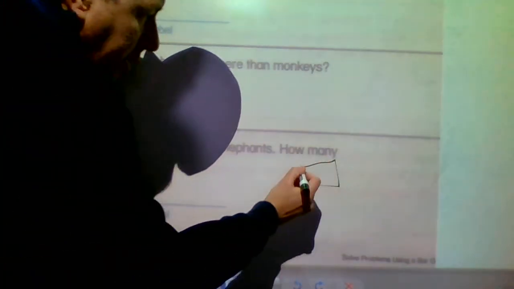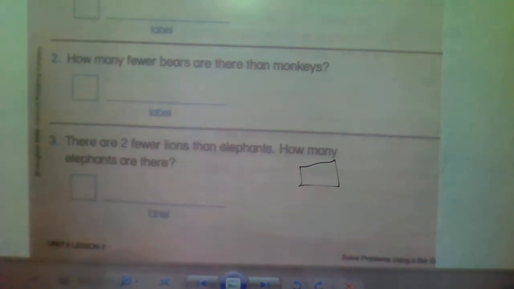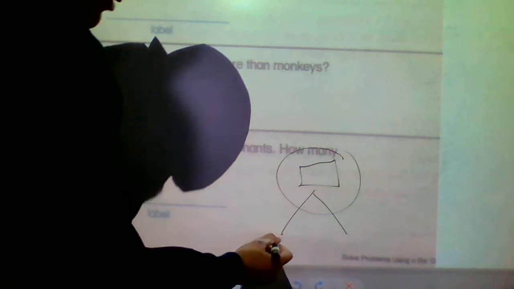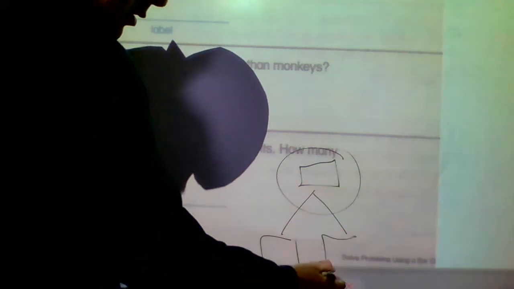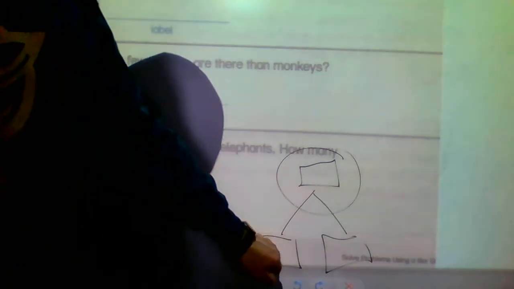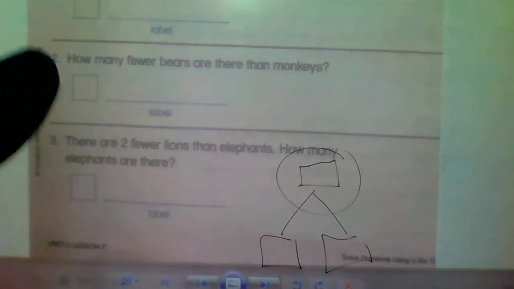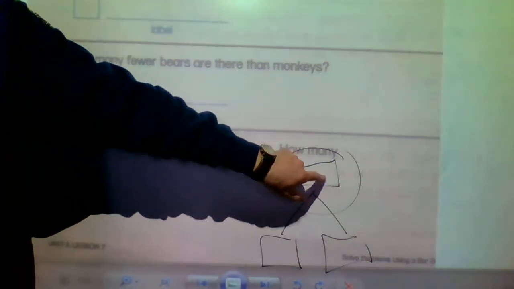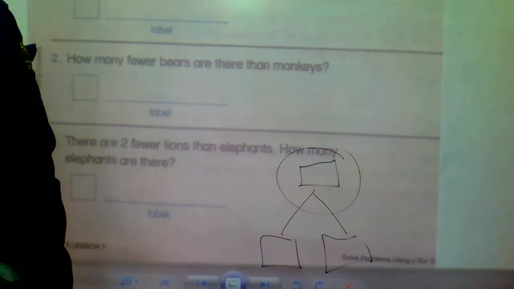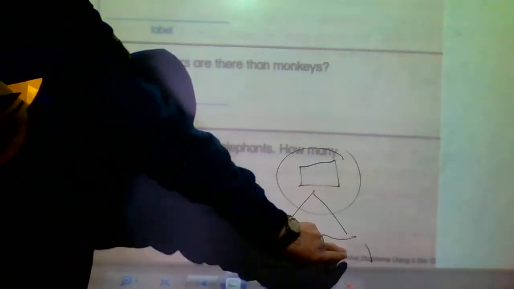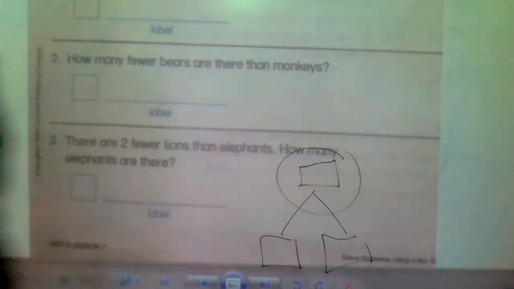So the number right here is going to be what we're looking for in our Math Mountain. 2 fewer lions than elephants. I'm not going to tell you what to put in there. You got to figure that out. The biggest number, though, is going to be the elephants. So you should be able to figure out with what I read to you or what you read, what goes here and here, and then what goes here.